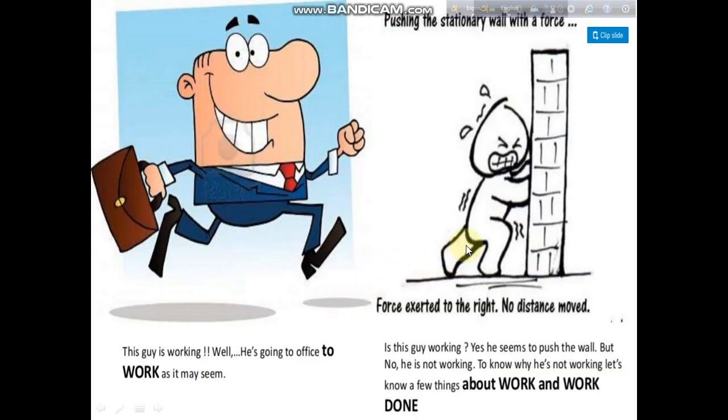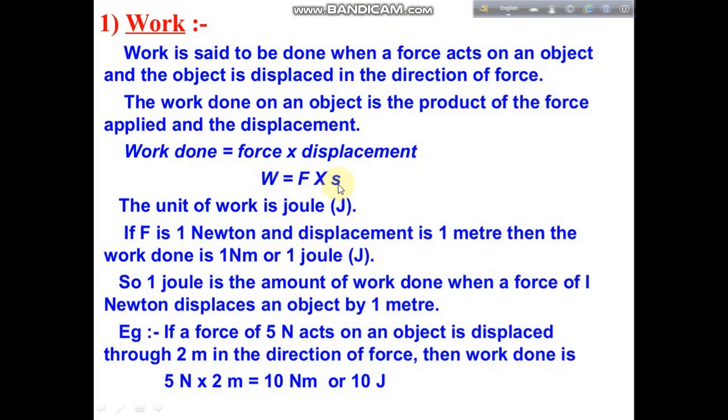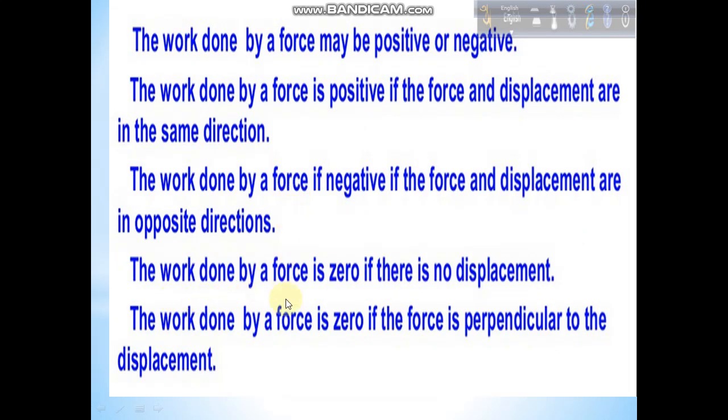Here this man is pushing the stationary wall, but no distance is moved, that is there is no displacement. So we can say that no work is done here because there is no displacement. In this equation, if displacement is 0, then work done equals 0. That's why work done is 0 if there is no displacement.